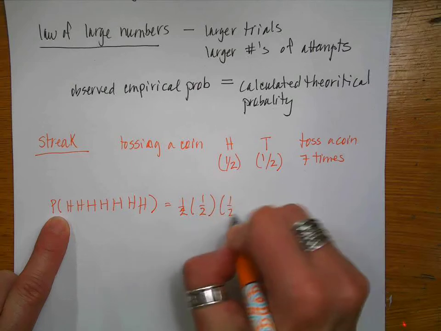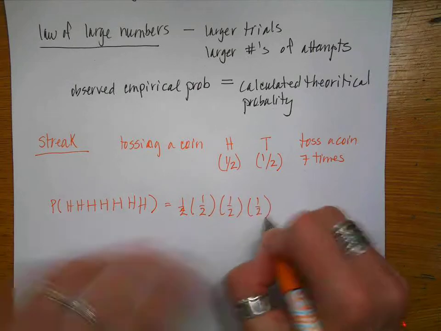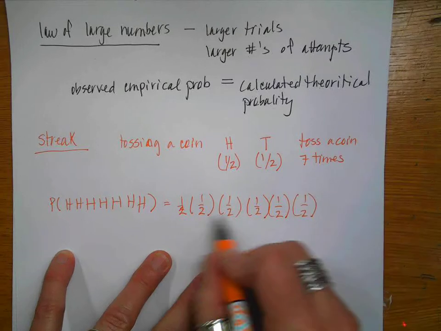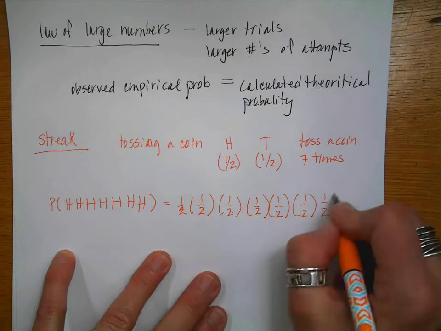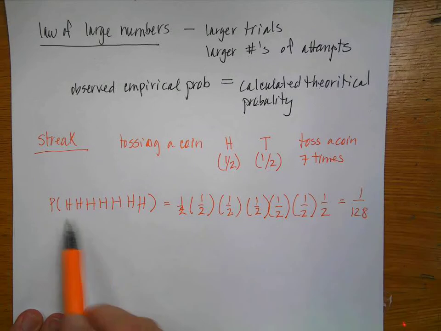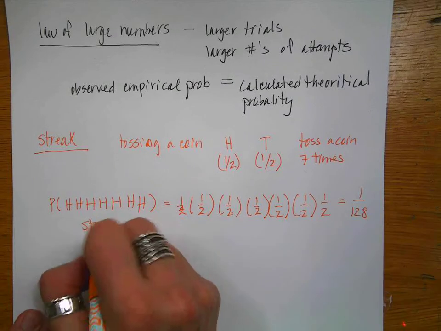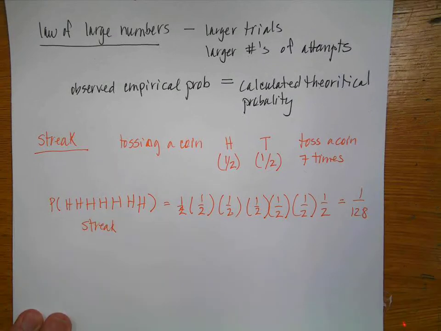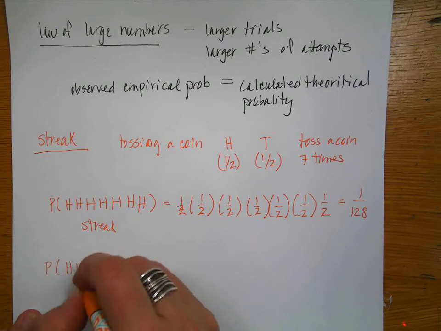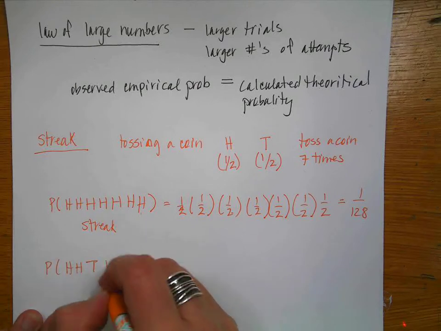Well, the probability of the first head is a half, and then the second head is a half, because the probabilities don't change with each toss. Those probabilities are the same, and if you multiply them together, it's 1 out of 128. So this would be considered a streak because I have gotten a head on 7 consecutive tosses.